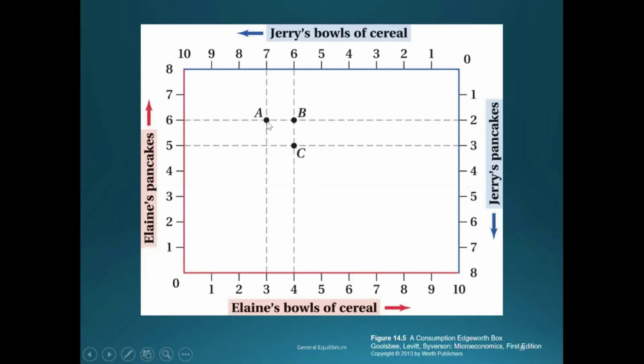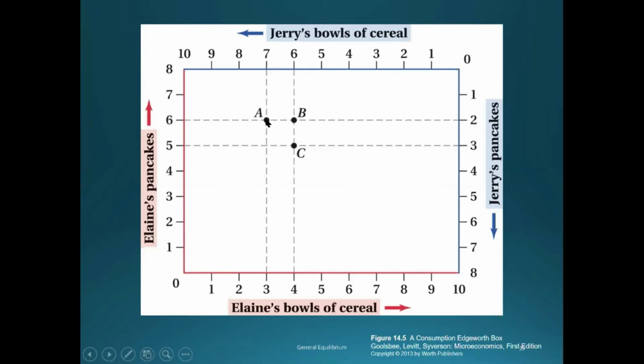Let's start at point A. To get the number of pancakes for Elaine, we're going to look at the left vertical axis. So it implies that Elaine is getting 6 pancakes. And to get the number of bowls of cereal that Elaine is getting, we're going to go to the bottom horizontal axis. So point A implies that Elaine is getting 6 pancakes and 3 bowls of cereal.